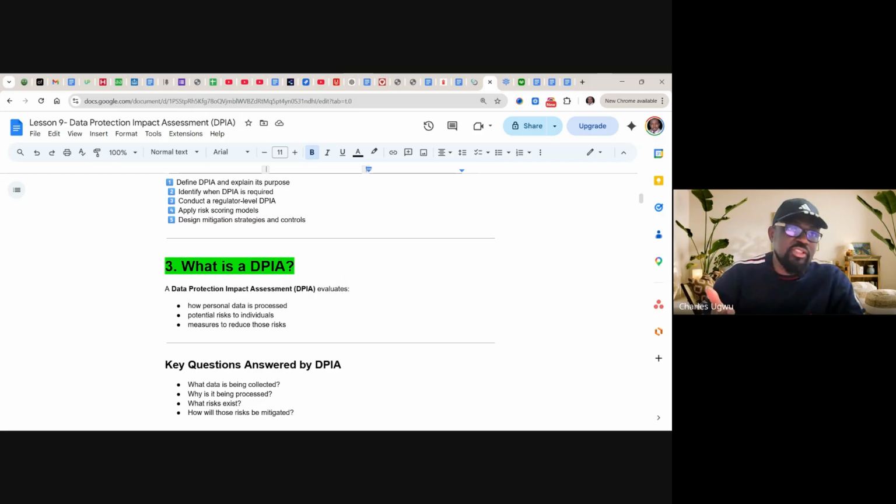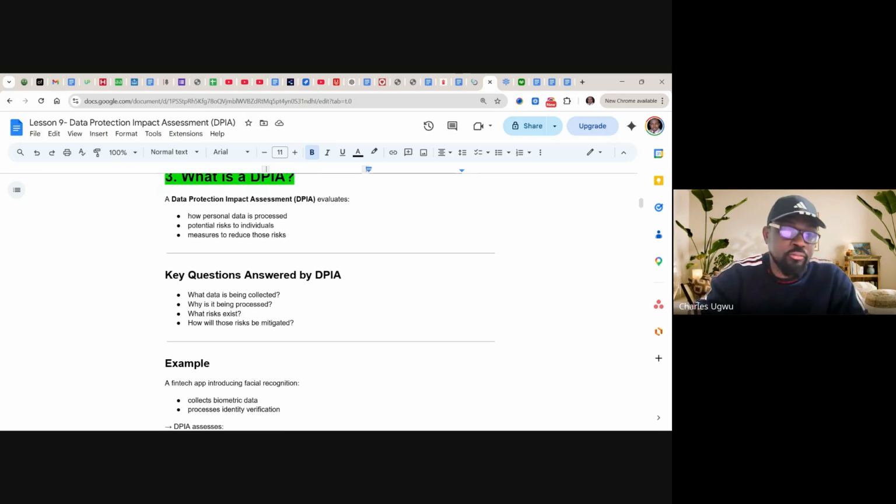Potential means it's not even a risk yet, but there's a likelihood that this kind of risk is associated with this data. What can it do to individuals? And measures to reduce those risks: if the risk happens, you try to reduce the impact, or even stop it from occurring at all.